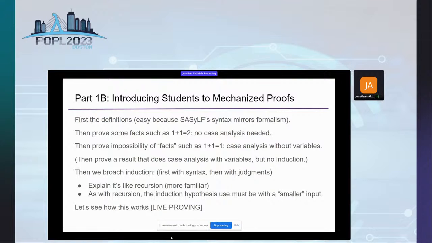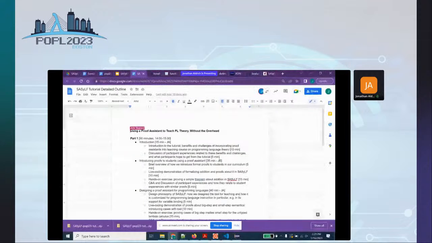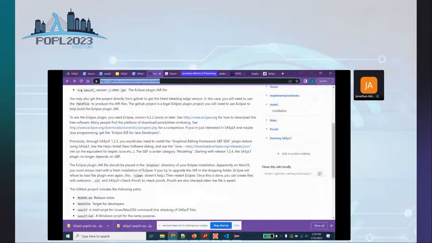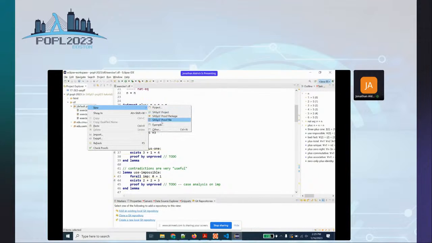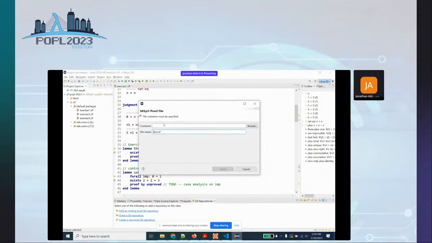Now, let's see if Control Tab will actually get me there. No, it's not going to get me there. So I'm going to see if I can get onto Eclipse here. Okay, so now going here, let's do a right click. Okay, new Sassy Elf proof file. I'm going to call it live 1. And we'll just start here. Sorry, my eyesight's terrible.